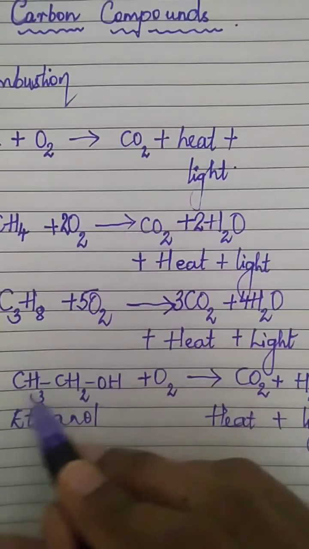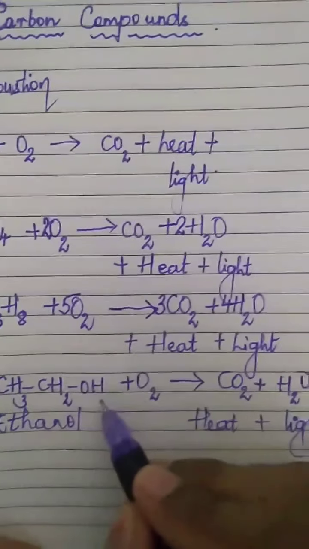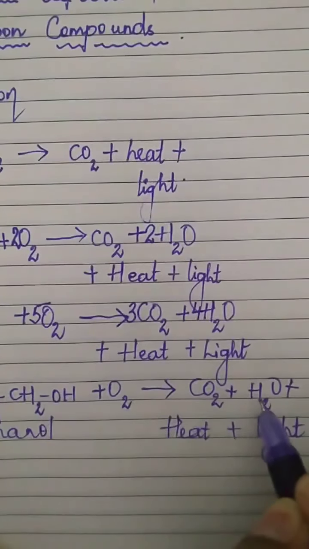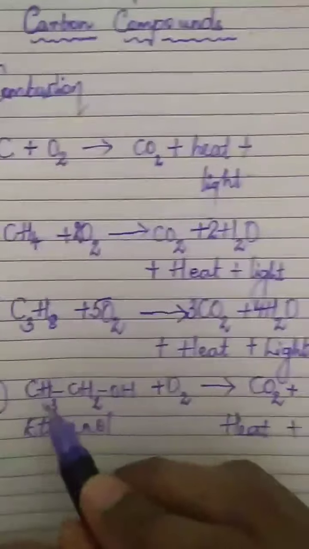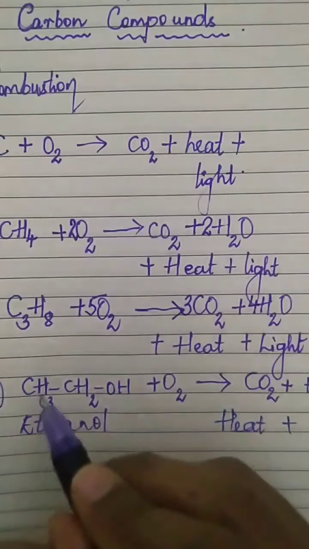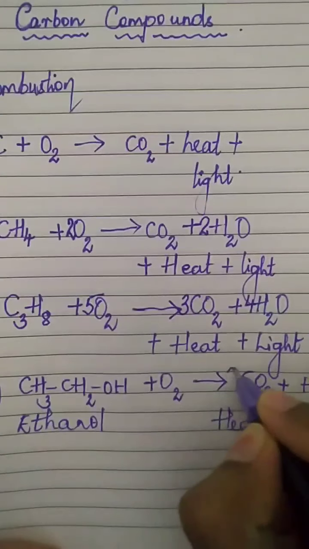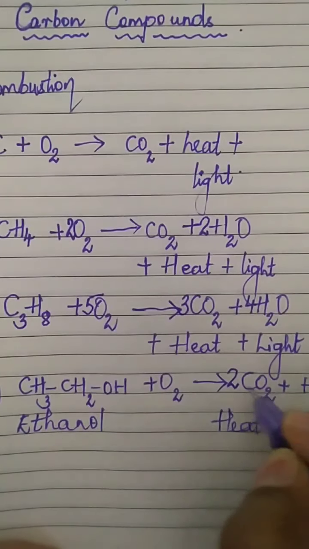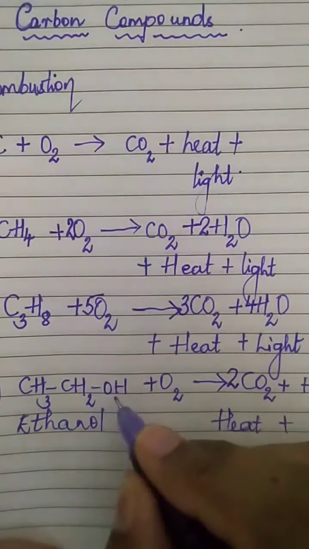Carbon, we have 2 carbon, and hydrogen 5 plus 1, 6, and here you have only 2. Carbon we have 2, so first we will balance carbon. So I'll put a 2 here. Now look at oxygen. Here only 1 and 2, 3. 3 oxygen atoms on the reactant side, and 2 2s are 4 and 5.